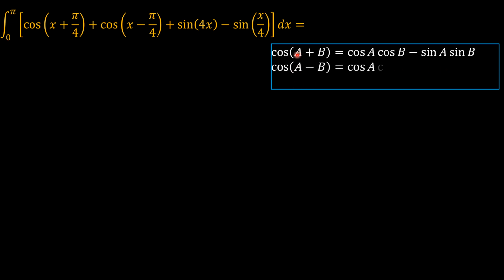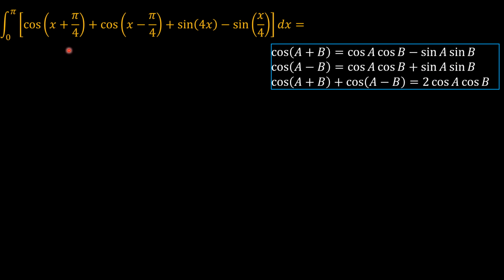So if you add cosine (a plus b) plus cosine (a minus b), you have twice cosine a cosine b. And that's what you would straight away know what to do, right? Because the negative sine a sine b and the positive sine a sine b would just cancel out.